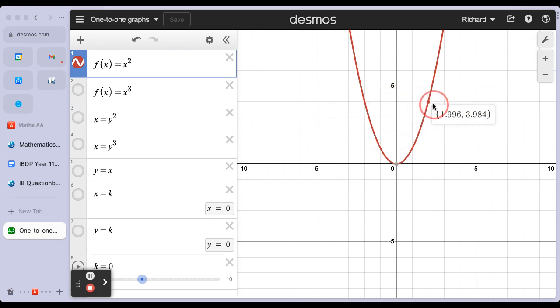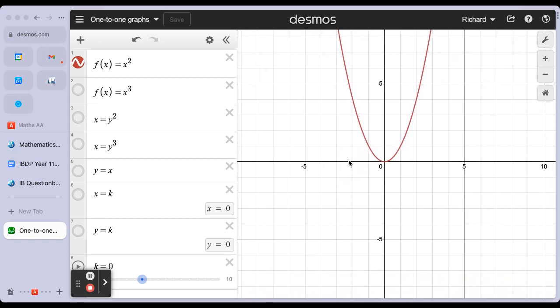Now that's still properly a function, but it is not a one-to-one function. There are two inputs that go to the same output, and so it's a many-to-one function.